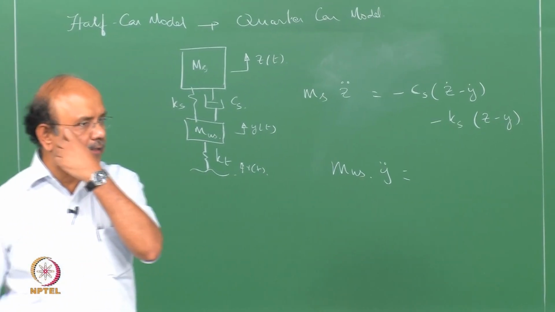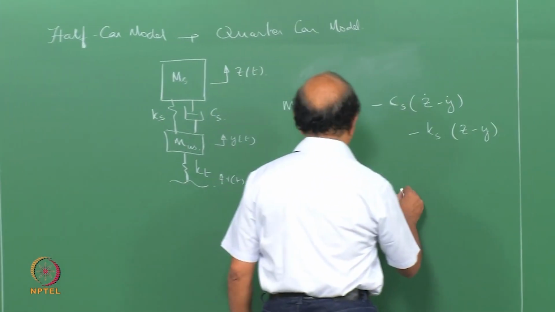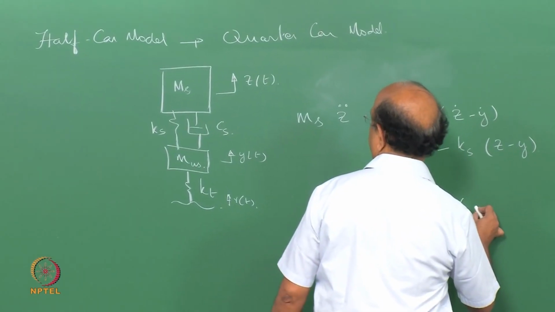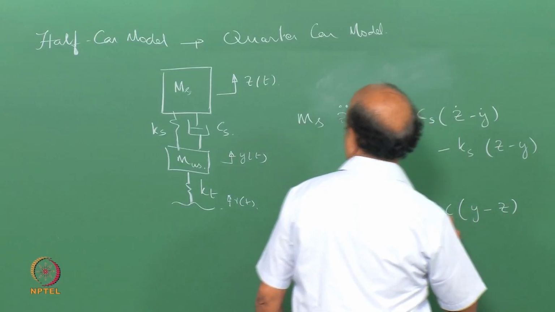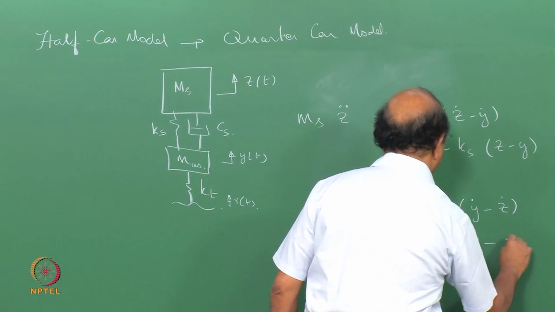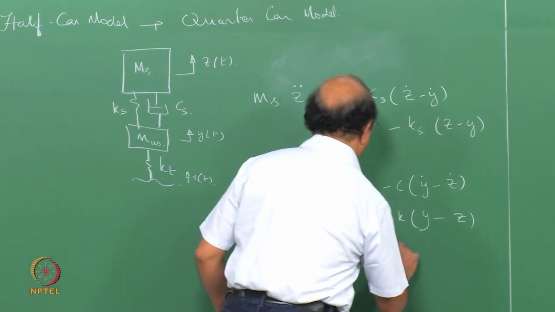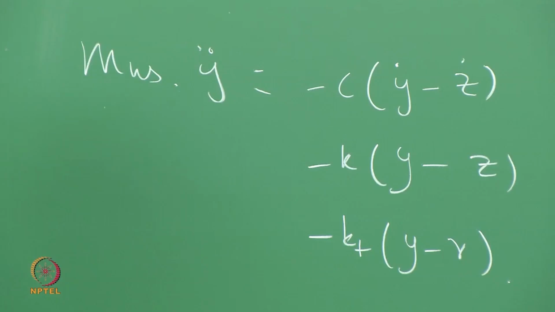Yesterday we did that, write down the forces that are acting. So it will be minus C into, in the opposite direction, y dot minus z dot, minus K into y minus z. These are the two forces that are acting. And then the tire force minus KT into y minus R. These are the forces that are acting.